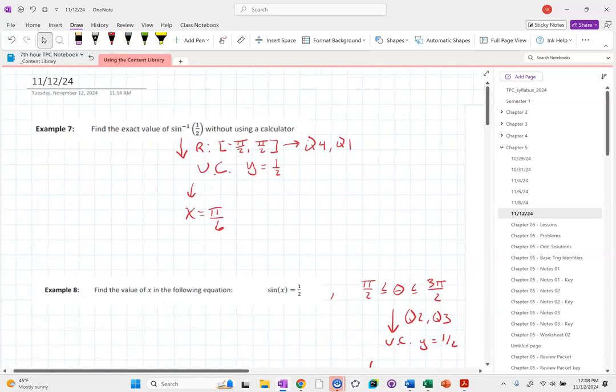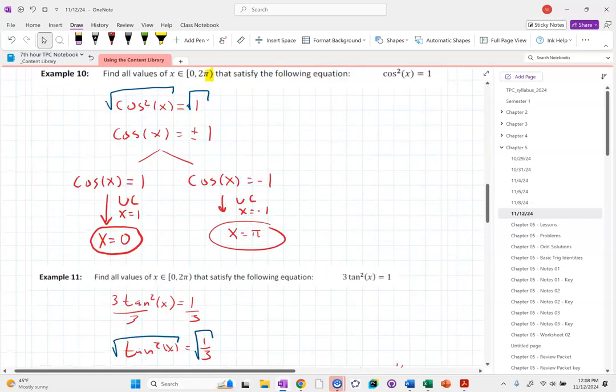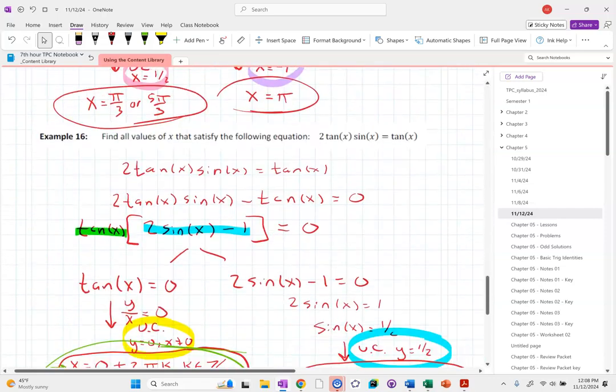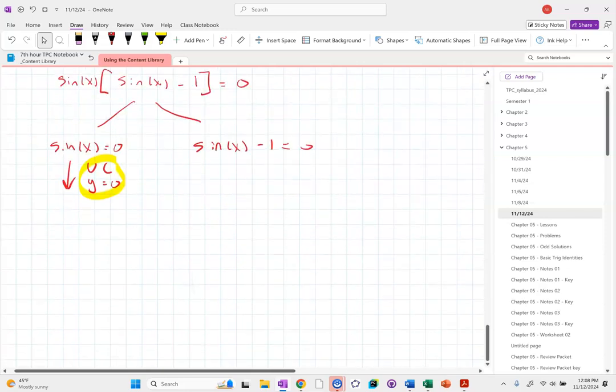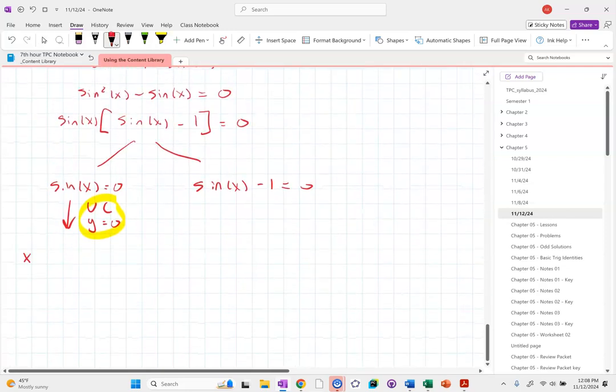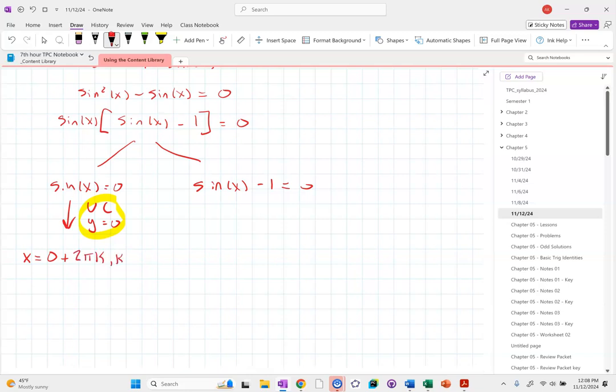Okay. But remember, because we have so many solutions that we're going to be looking for, I'm going to start with the infinite solution.